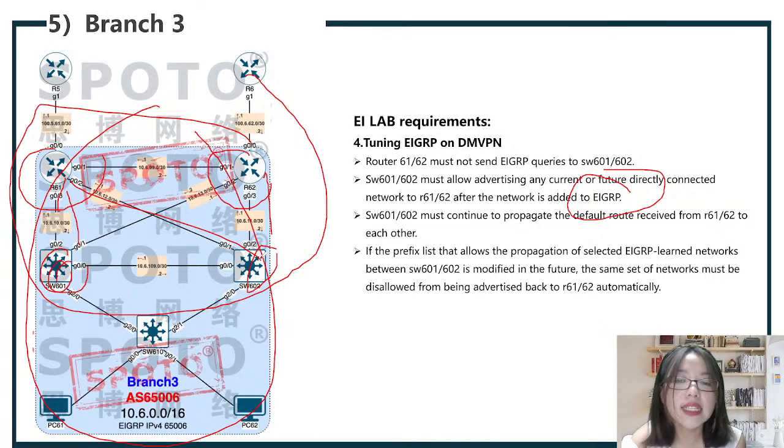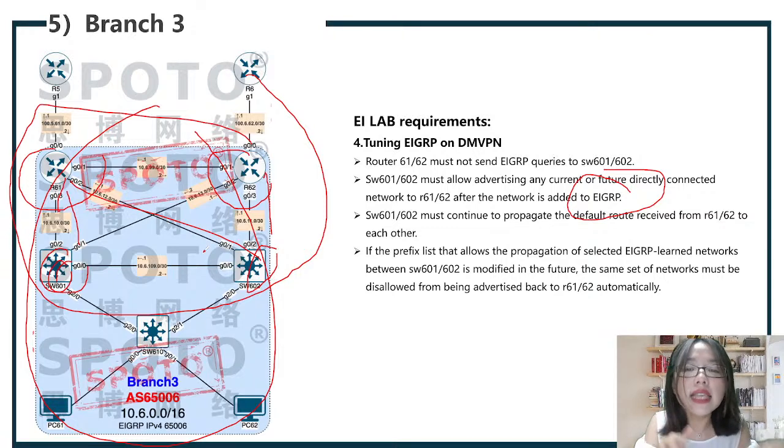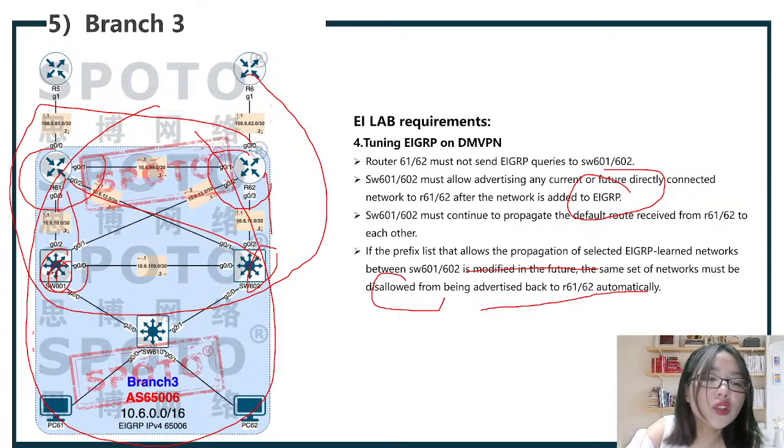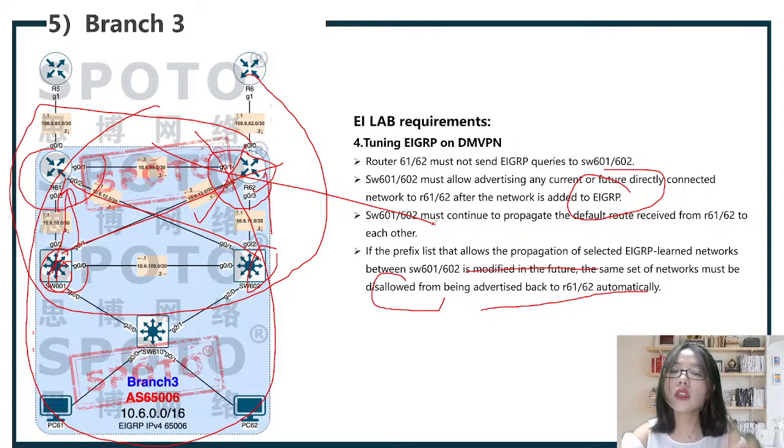If the prefix list that allows the propagation of selected EIGRP learned networks between switch 601 and 602 is modified in the future, the same set of networks must be disallowed from being advertised back to router 601 and 602. Okay, so this part we also need to configure route map.